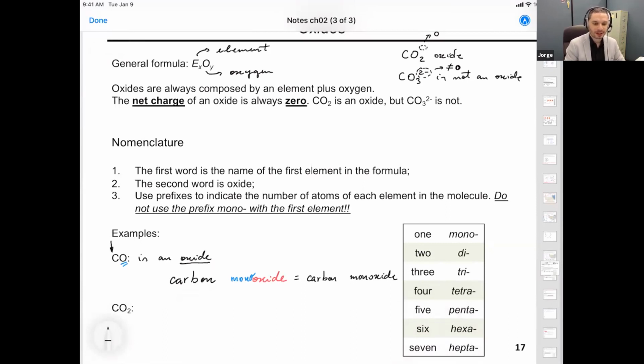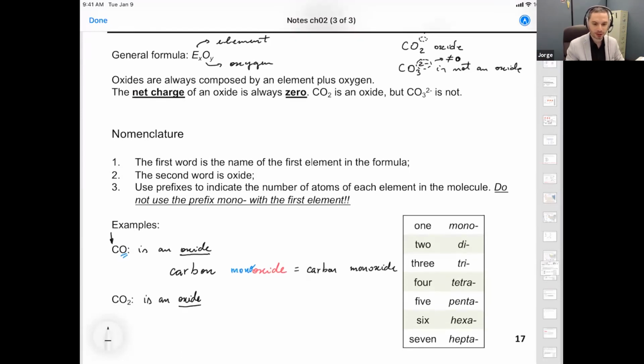Now let's see the case for the compound CO2. Again, CO2 is an oxide. An element bonded to oxygen and a net charge of 0 characterizes an oxide. Nomenclature: name of the first element.